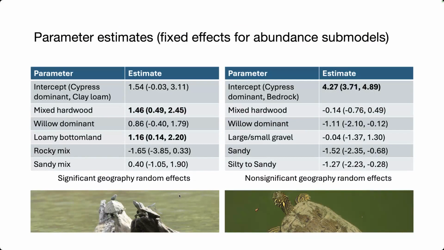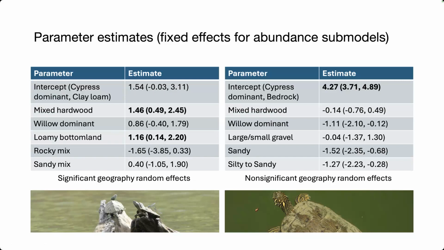And this overlaps strongly with willow habitats as well. But you could see that it's pretty much better interpreted as an avoidance of cypress vegetation. And they also showed a positive association with abundance in loamy bottomland and sandy substrates.